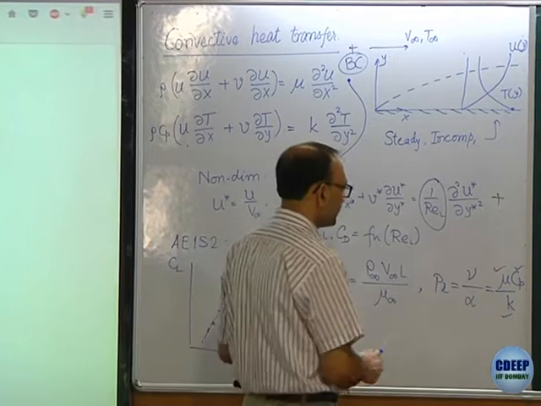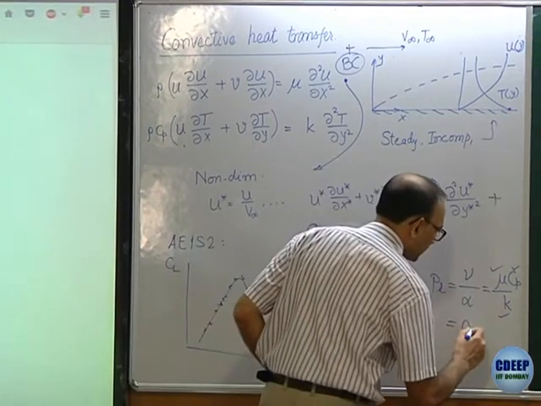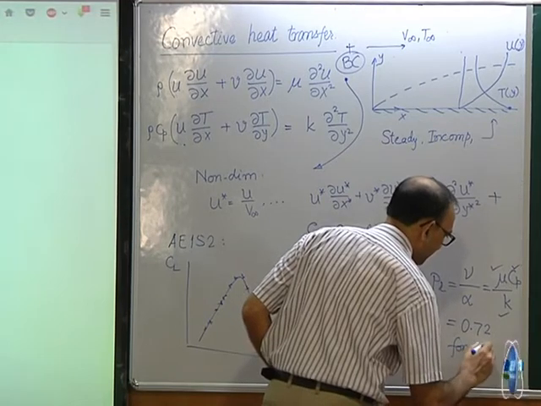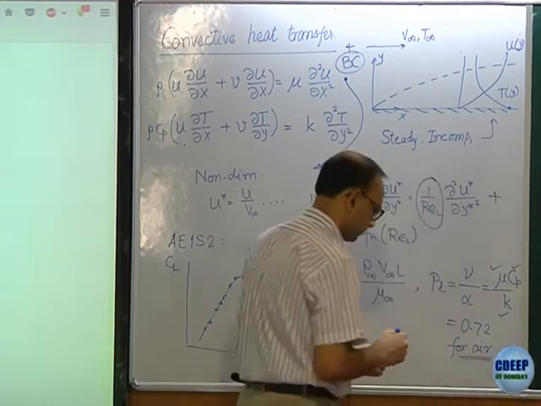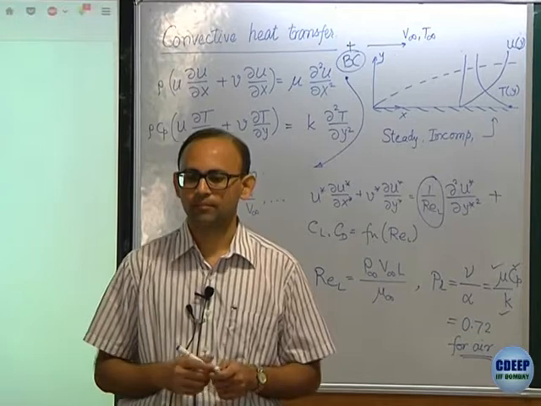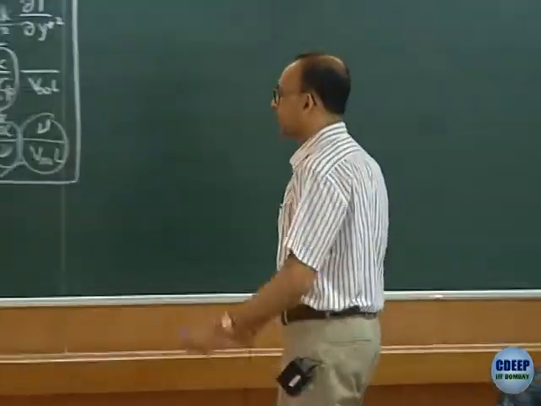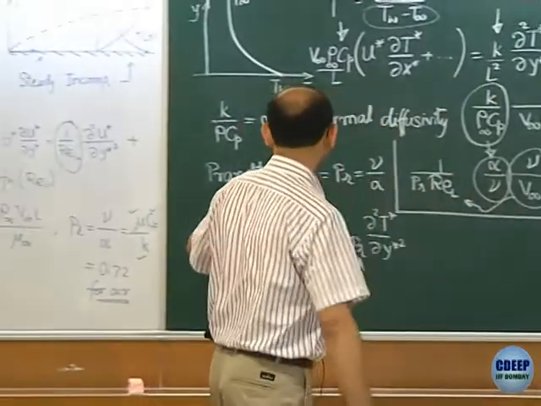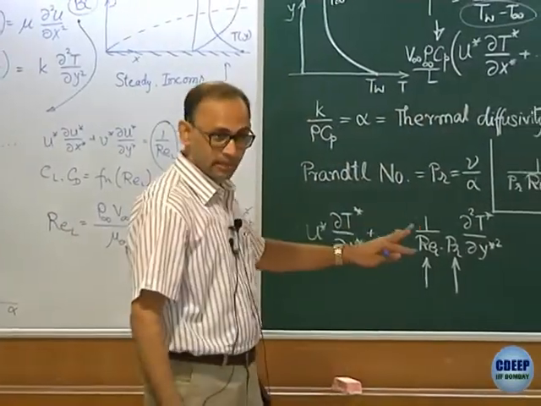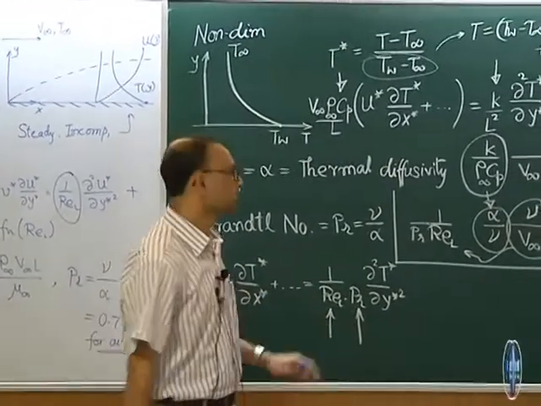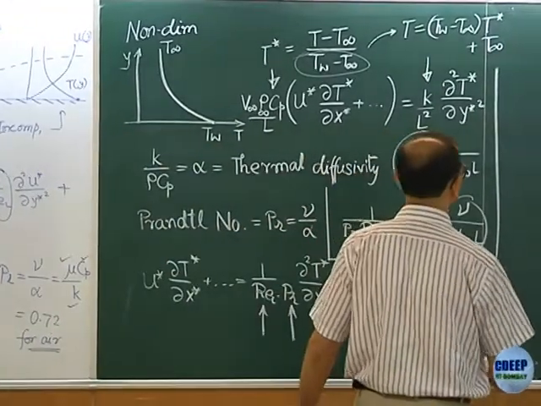It happens to be 0.72 or 0.71 for air. So, if we get a non-dimensional form of heat transfer, then it will depend on only these two values, and let us do that.